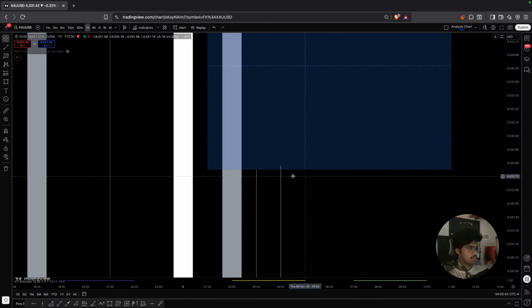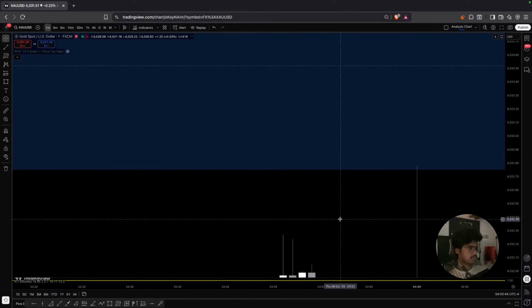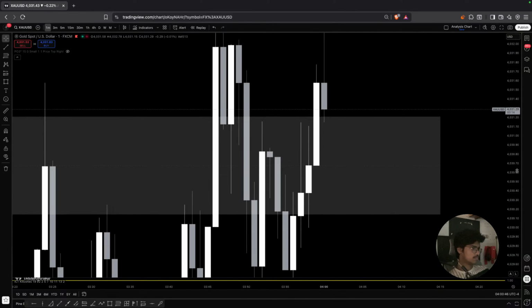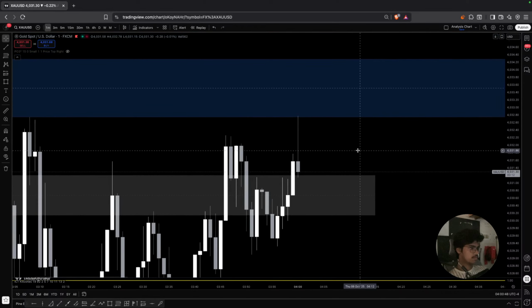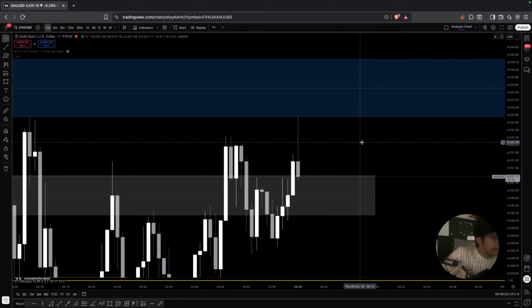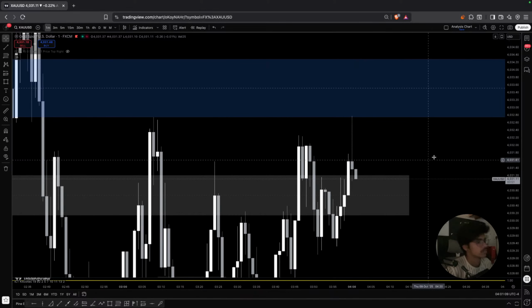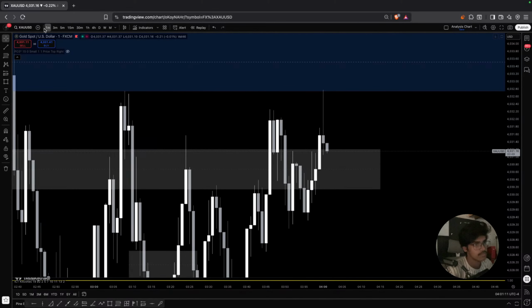You can see it has come into that fair value gap. 10 minutes more and then we'll see.